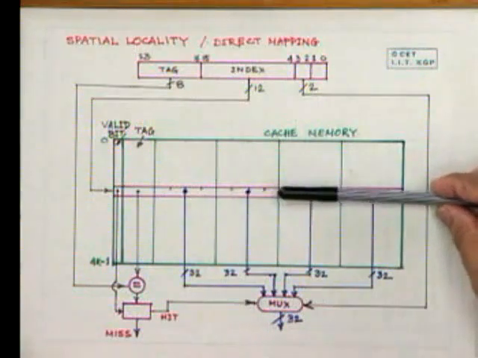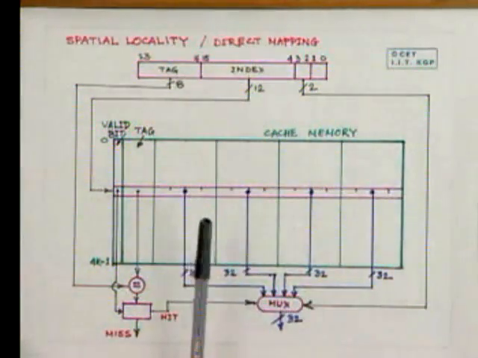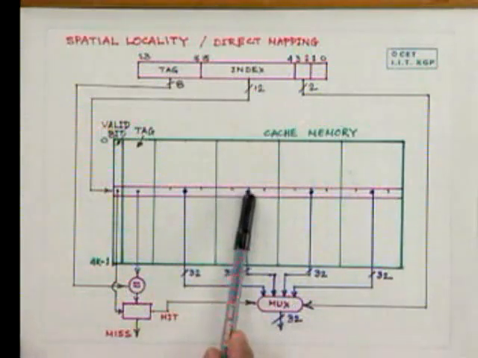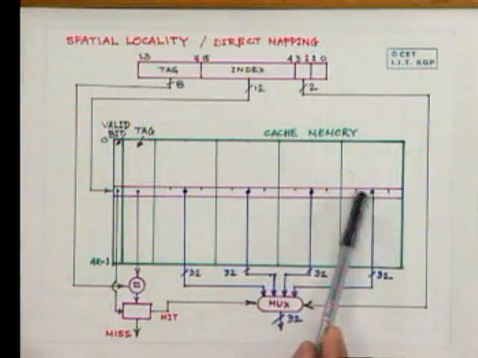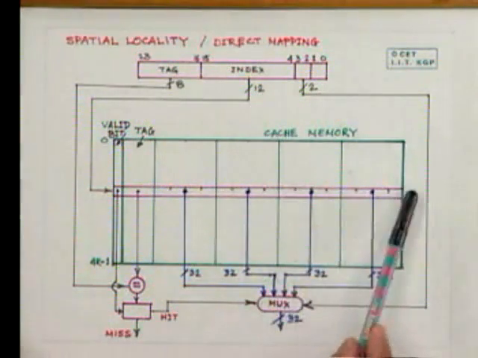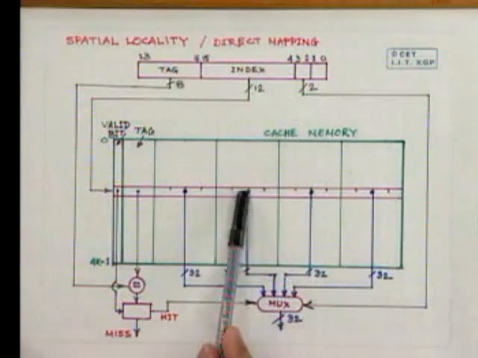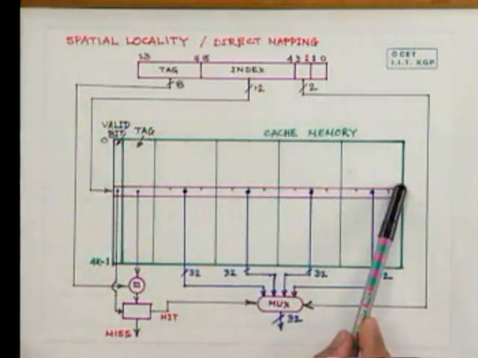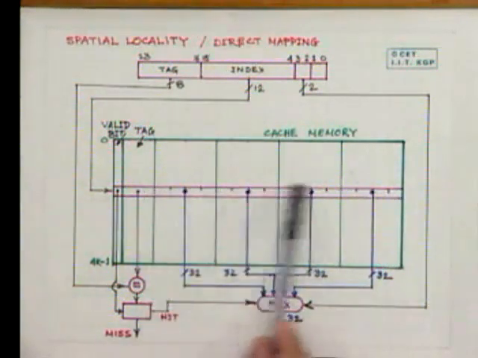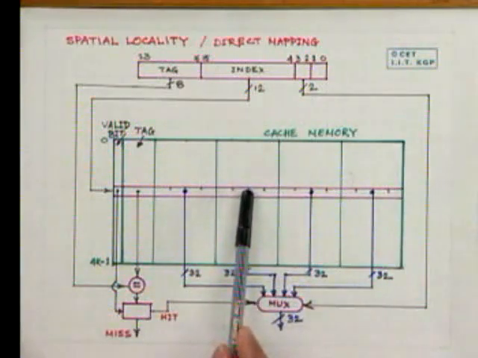That's the penalty that has to be paid if it's a miss. Now this takes care of the spatial locality, because if any of these words is accessed at any instant of time, it is assumed that the nearby words will be accessed pretty soon, and therefore once we fetch a particular word, we fetch the nearby words also, expecting that our hit ratio will increase that way.